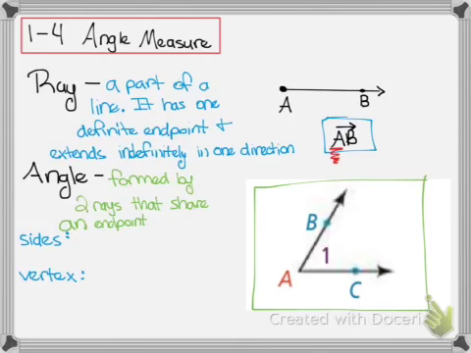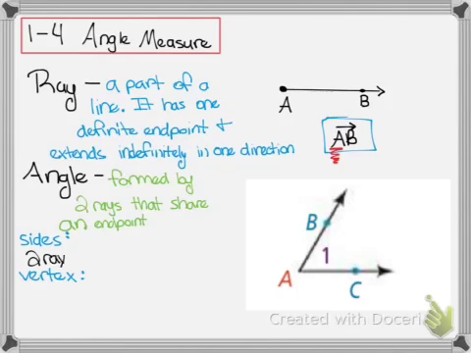Now when you're naming an angle, there are several different ways that you can do it. You can name it by the vertex, name it with 3 points, or you can name it by a number. Alright, and so we're going to go into naming that a little bit. But first of all, let's look at what it means to be the sides or the vertex of an angle.